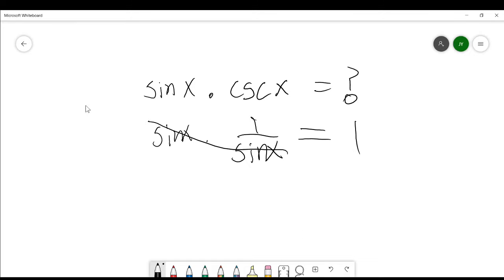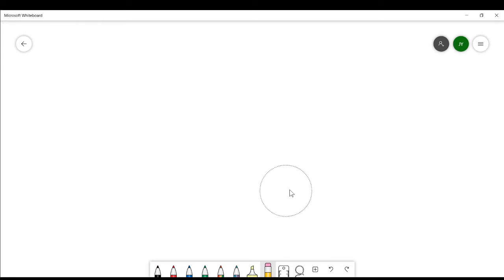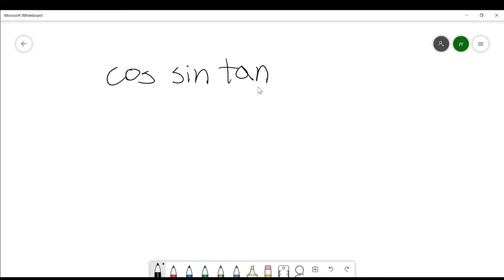And this is going to be a really important concept when you get to more complicated equations, like say we have something like cosecant of x, tangent of x, sine of x, cosine of x.